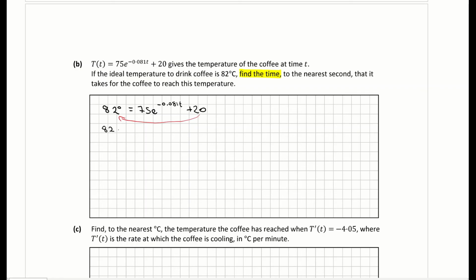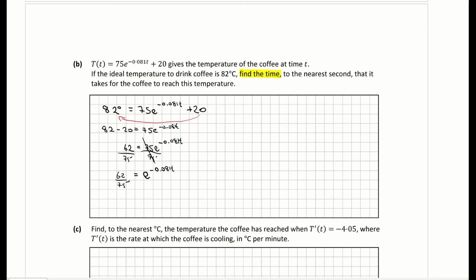So 82 subtract 20 is equal to 75 e to the power of minus 0.081 times t. 82 take away 20 is 62, is equal to 75 e to the power of minus 0.081 t. I'm now going to divide both sides by 75, which is giving me e to the power of minus 0.081 t is equal to 62 over 75.